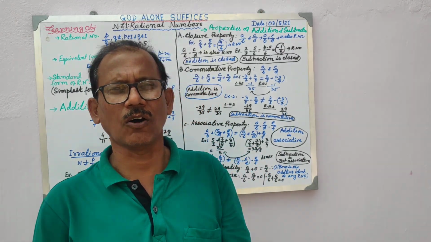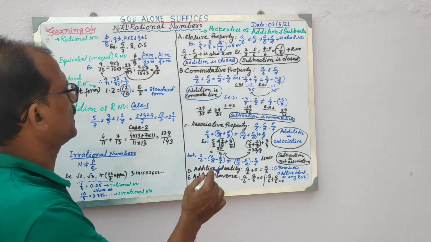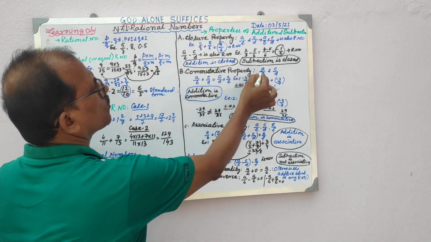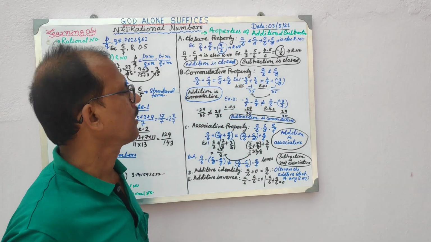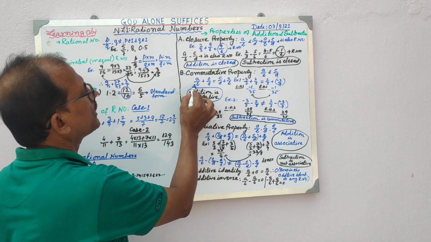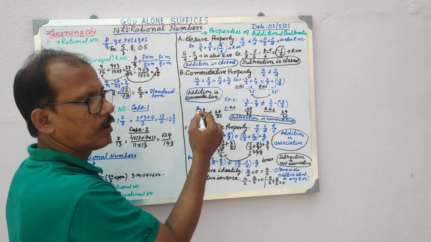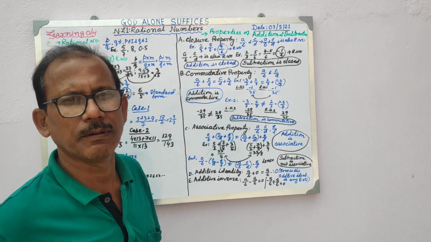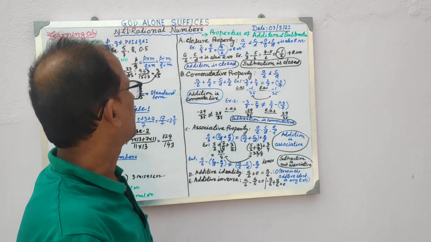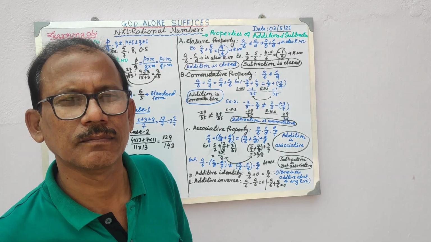If you change the order of the addends, the result will not change. The same property is here for rational numbers also. Therefore A by B plus C by D is equal to C by D plus A by B.